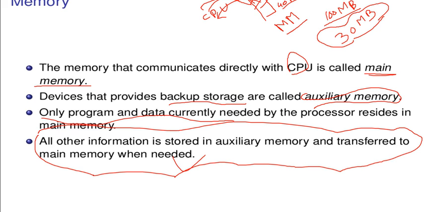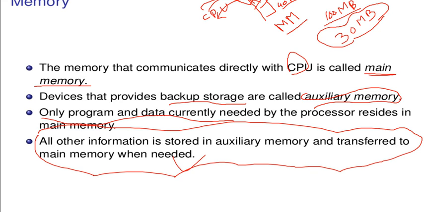So what we can do, we can take the 30 MB of the process to the main memory, and the remaining 70 MB will be stored in the auxiliary storage. And when this 30 MB has finished execution in main memory, then we can again fetch the next 30 MB to the main memory.